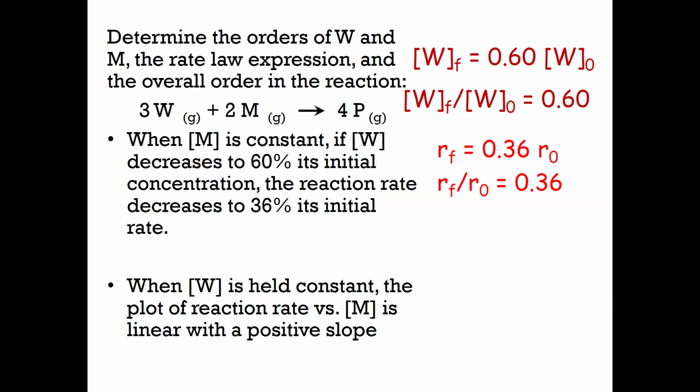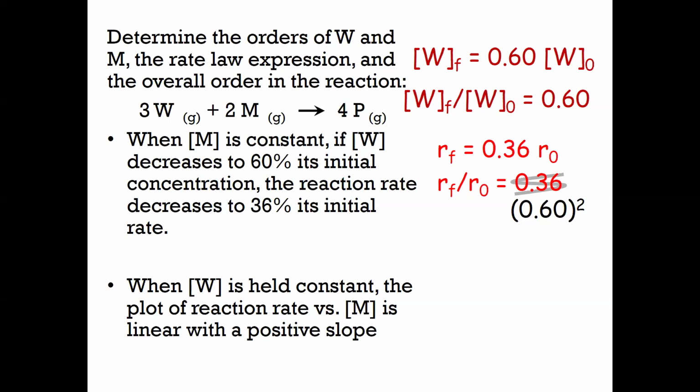Well, if we take a moment to think about it, or we set up the ratio analysis, 0.36 is 0.60 squared. So therefore, when I multiply my concentration by a factor, my rate is multiplied by that factor squared. What does that suggest as far as the order for W?